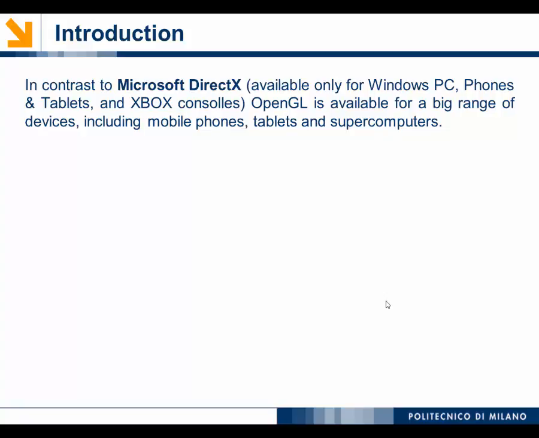We choose OpenGL and not its direct competitor DirectX just because OpenGL is available for a wider range of devices, while if you use DirectX you usually are somehow linked to anything that is Windows based: a PC, a phone, tablets, Xbox, etc. But keep in mind that the basic concepts are more or less the same.